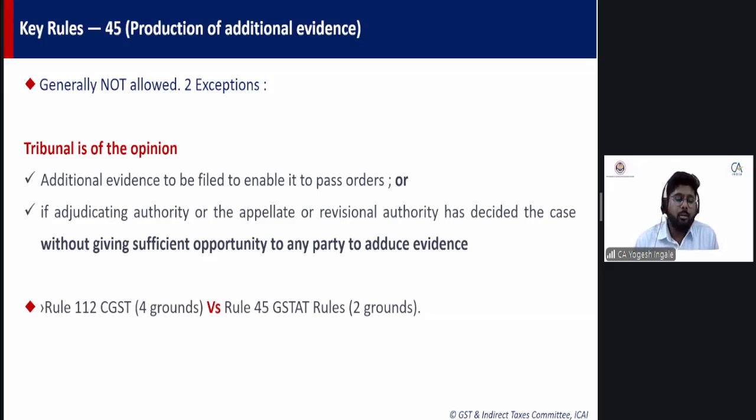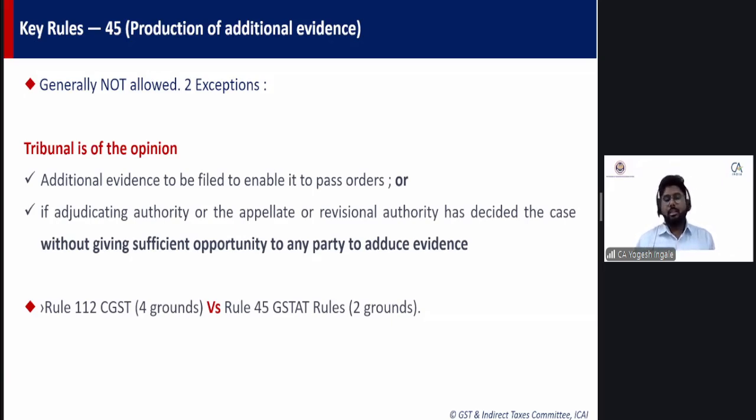First, if the tribunal is of the opinion that additional evidence is to be filed to enable it to pass orders, so that is the discretion of the bench. Or, if the adjudicating authority or appellate or revisional authority has decided the case without giving sufficient opportunity to any party to adduce evidence, without providing an opportunity of being heard, for example, an ex parte order.